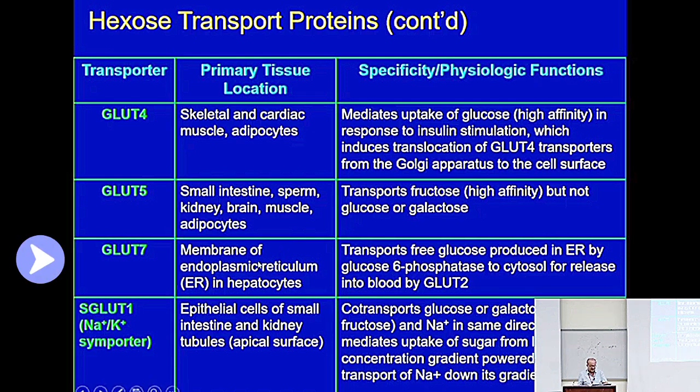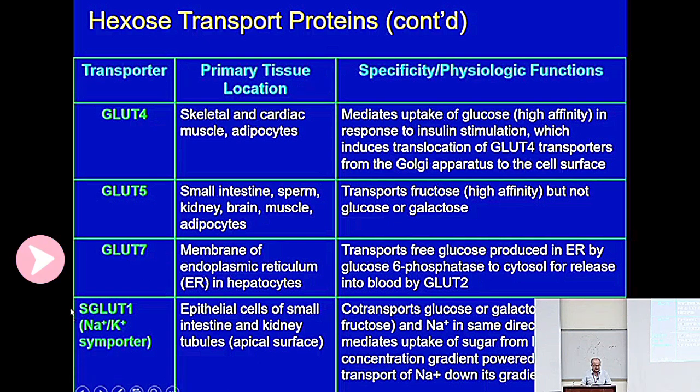It's exclusively found in hepatocytes, and it serves a function in that when the liver is producing glucose, it produces it inside the ER, and that glucose has to be transported out of the ER into the cytoplasm. So that's the importance of GLUT7. It's present in the ER of the liver.